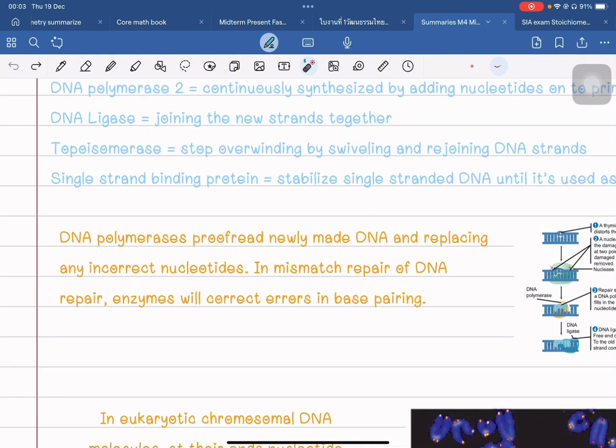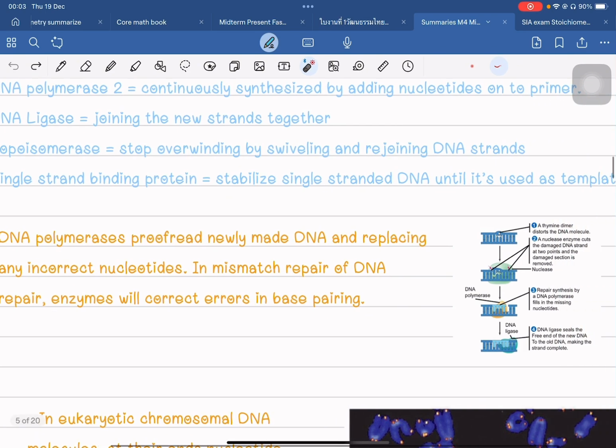DNA polymerase proofreads newly made DNA, replacing any incorrect nucleotides. In mismatch repair of DNA repair, enzymes will correct errors in the base pairing.